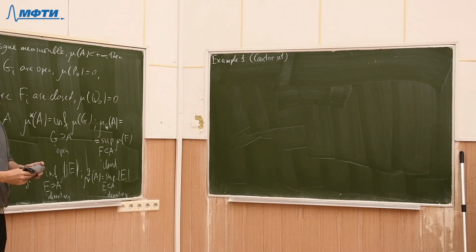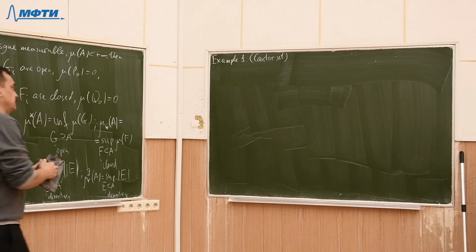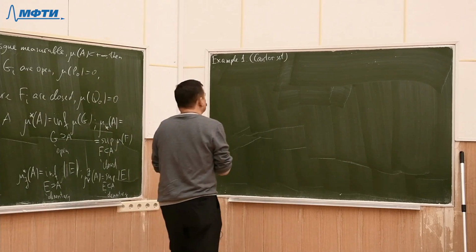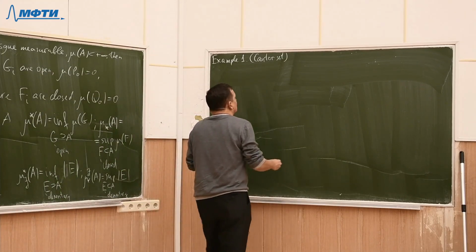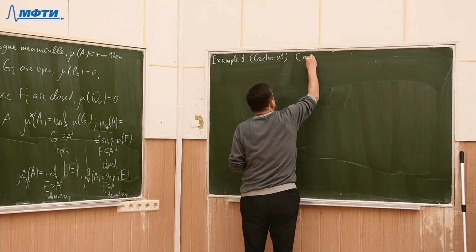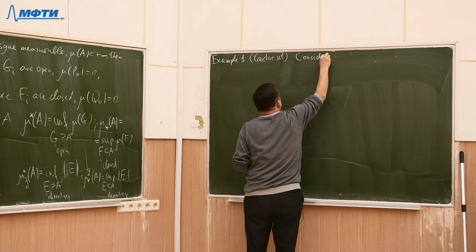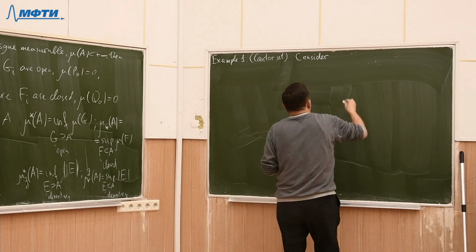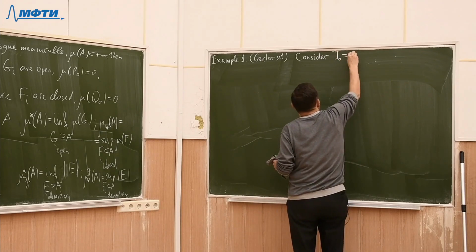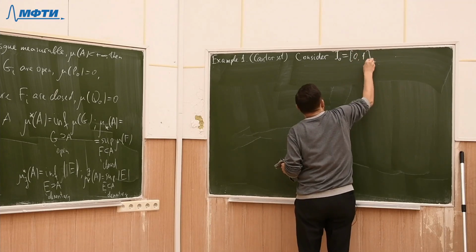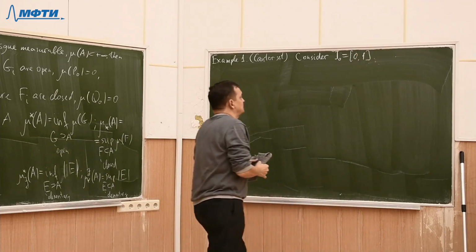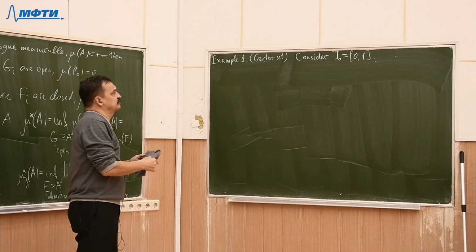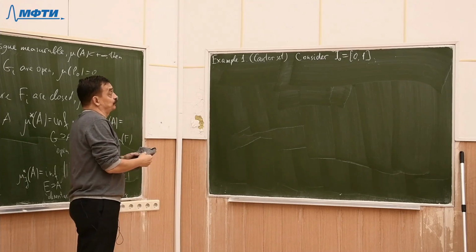Also, it is called the Cantor ternary set. So, what is it? Consider I naught equals [0, 1], such an interval, and I'll denote it by I naught.